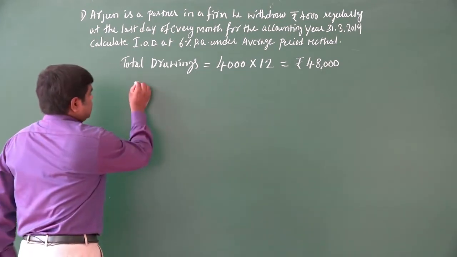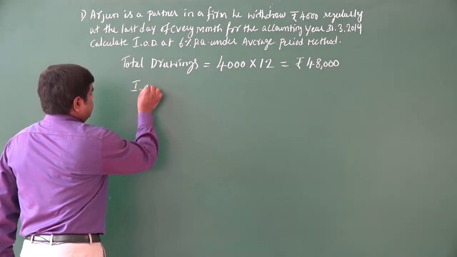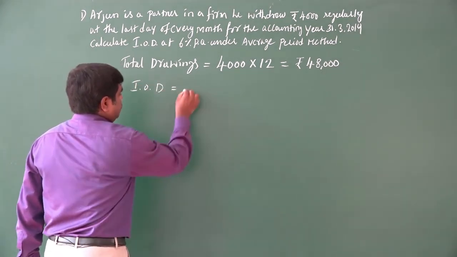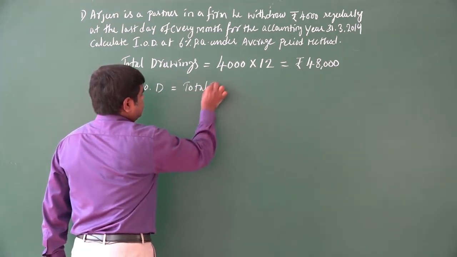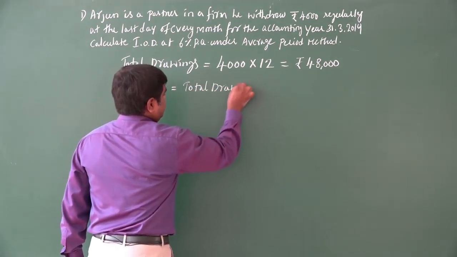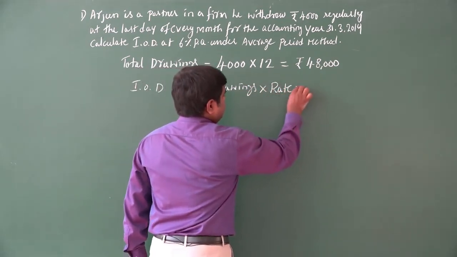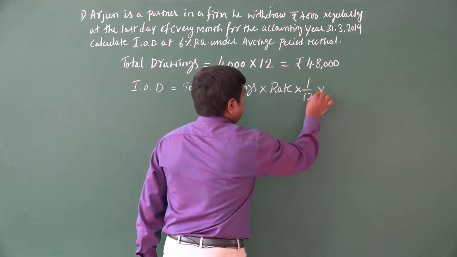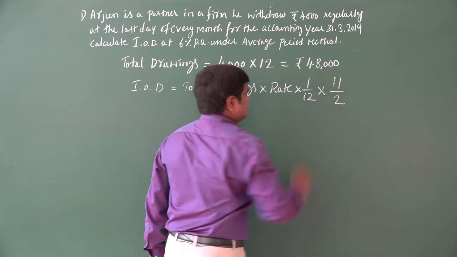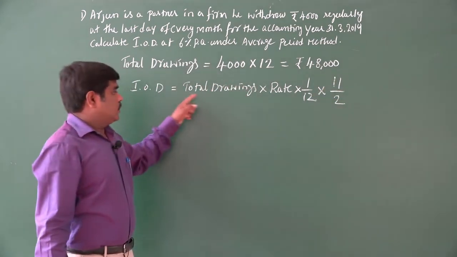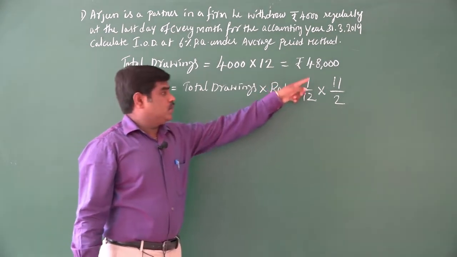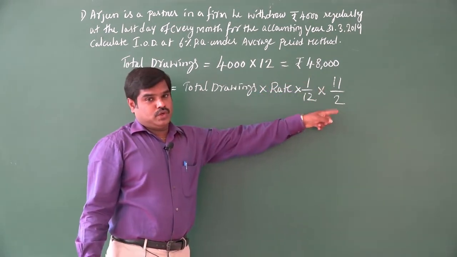Next, interest on drawings is equal to total drawings into rate into 1 over 12. This is common. Into the average period, which is 11 over 2. Total drawings into rate into 1 over 12 into 11 over 2.